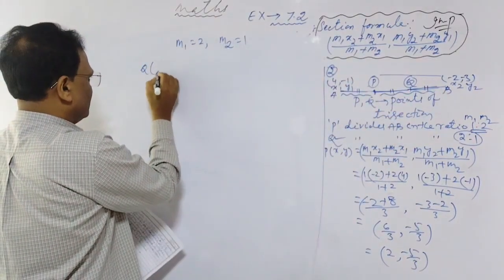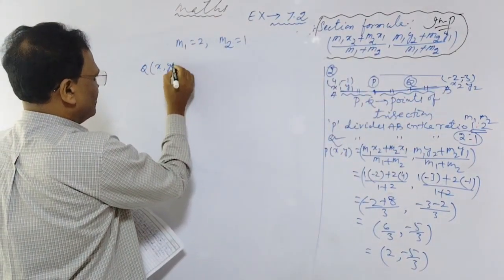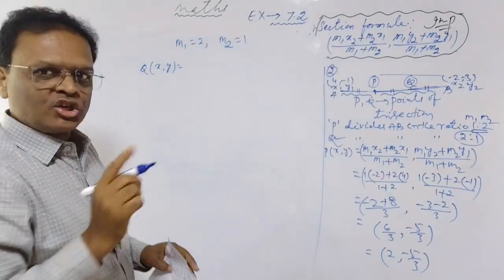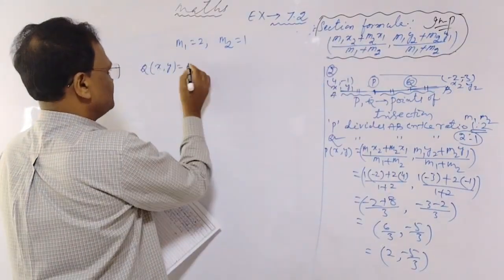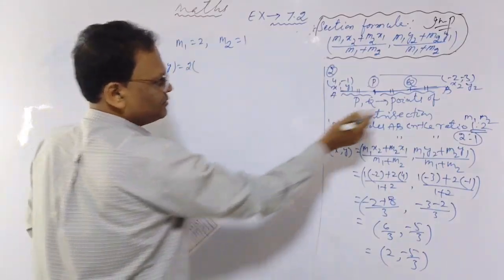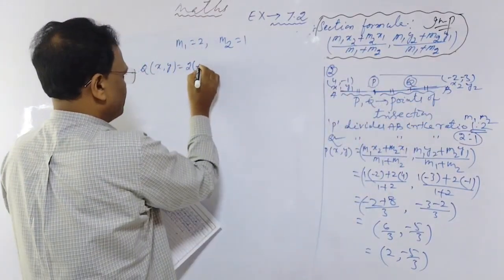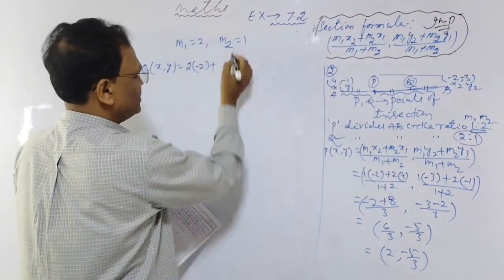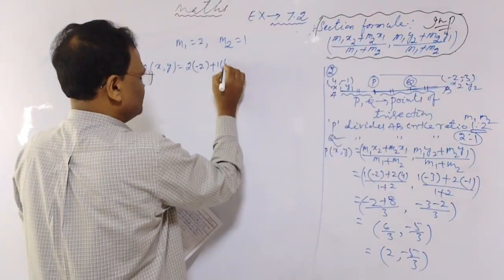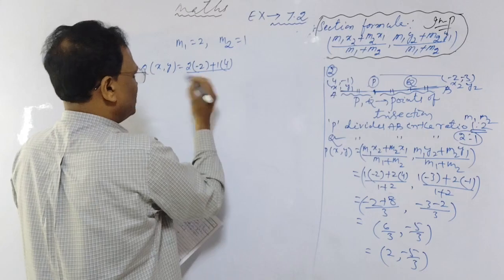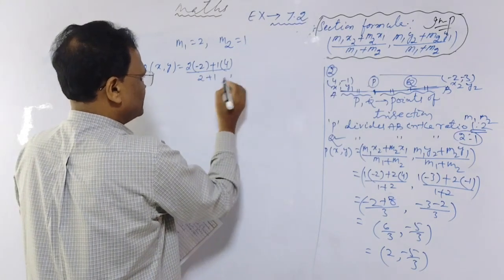So Q x, y, I'm finding the coordinates of Q. The formula is this one only. m1 x2 is -2, plus m2, m2 is 1, m2 x1 is 4, divided by m1 plus m2, 2 plus 1.